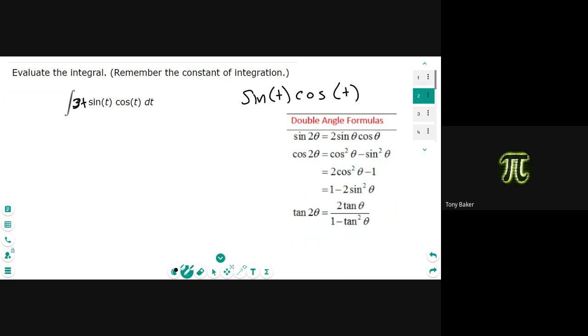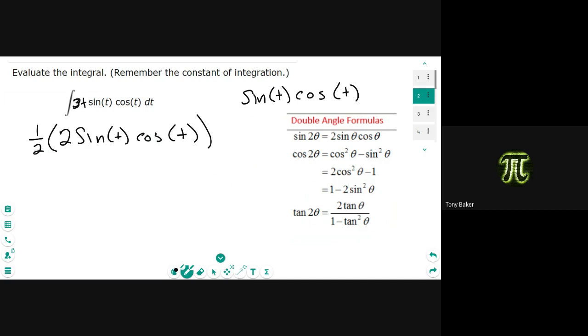The sine of 2 theta. So sine of 2 theta is 2 sine cosine, right? But I don't have a 2 here. So I can change that sine of t cosine of t. I can say 2 and 1/2. Would that be the same thing?